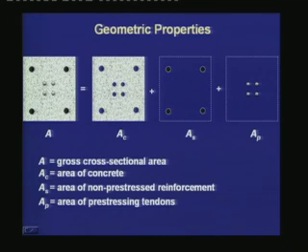The net area of the section with concrete is represented by AC. The area of the reinforcing steel, which is non-prestressed, is represented by AS, and the area of prestressing steel is represented by AP. Thus, A is equal to AC plus AS plus AP.